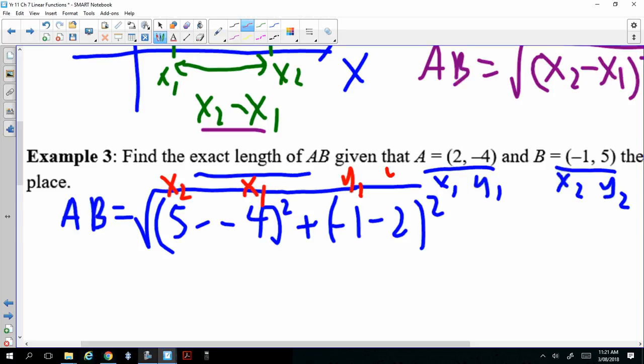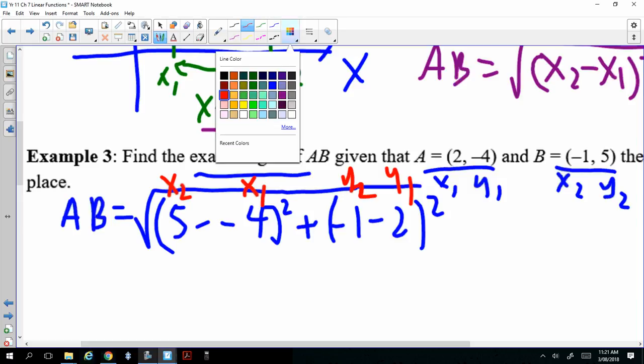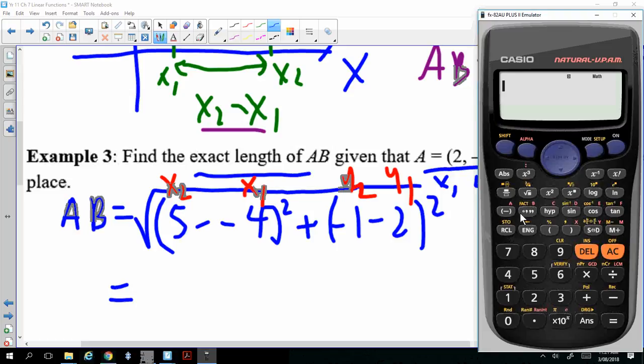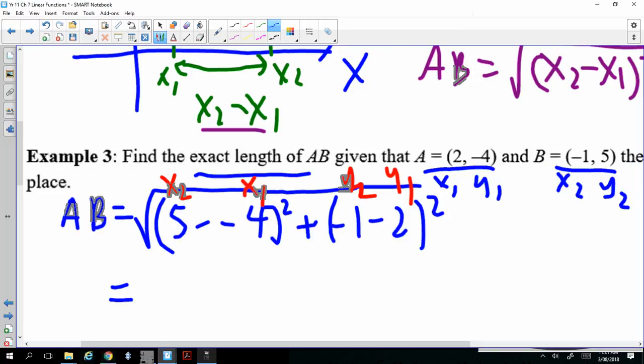Now let's work it out, because you want the exact form, you can do it on a calculator. Bracket 5 plus 4 close bracket squared plus bracket -1 minus 2 close bracket squared equals 90. So you get the square root of 90. Remember, exact length.